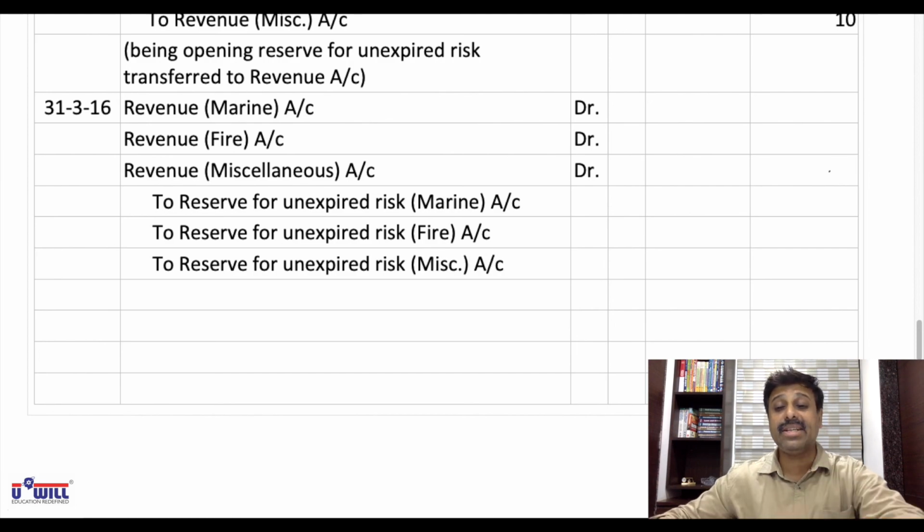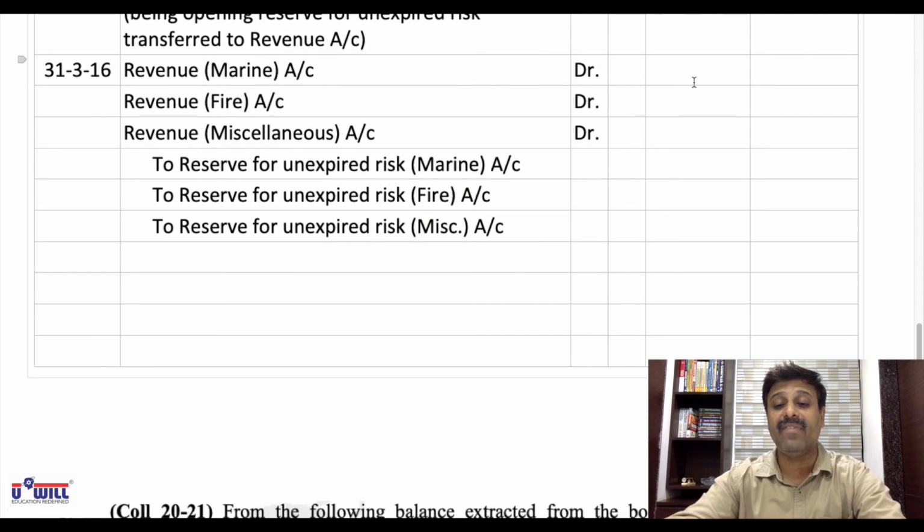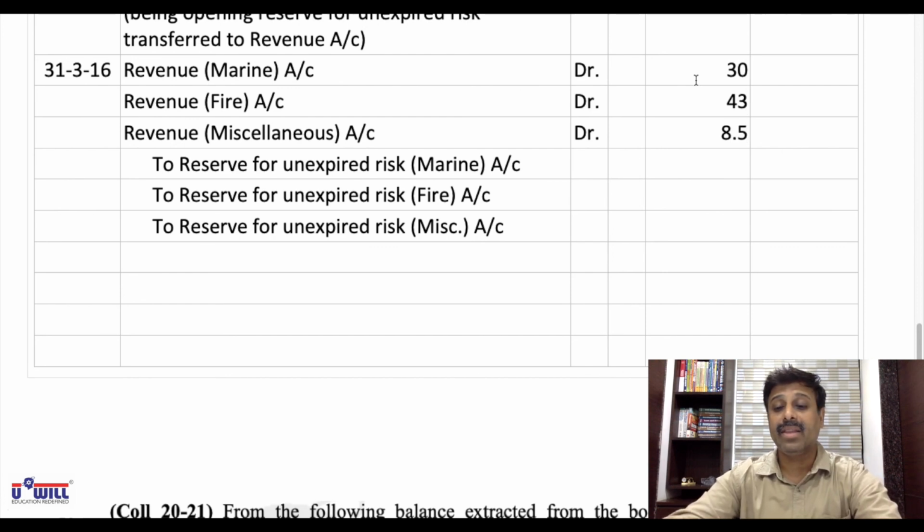Now what amounts? Closing reserve, as we have calculated these amounts. Which amounts? 30, 43 and 8.5. So 30 crores for marine, 43 for fire and 8.5 for miscellaneous.